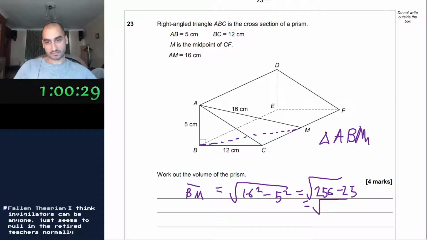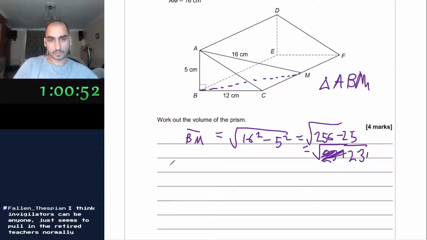256 minus 25, so that's 231. Wait, yeah, 231. And now that we know BM, we can use that with BC to get CM.